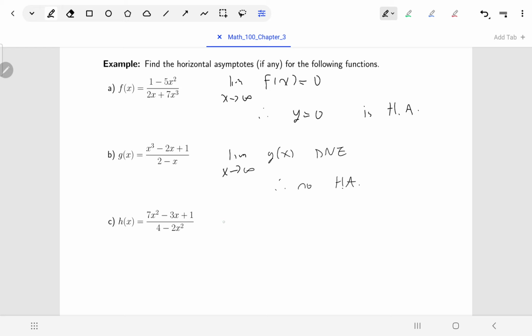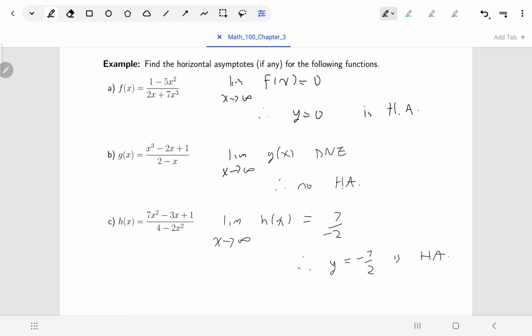For h of x, on the other hand, looking at the limit as x goes to infinity, whether positive or negative, I would get the leading coefficient for the top over the leading coefficient for the bottom, because the degrees of the top and the bottom are both the same. It's both 2. So it looks like y equals negative 7 halves is the horizontal asymptote.